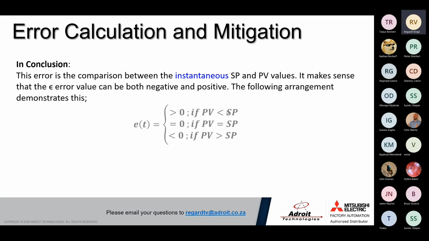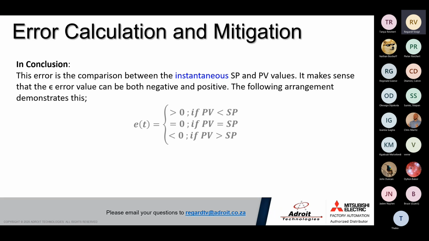Very important. These signs, greater than, equal, and smaller than, will swap around depending on your PID action, whether you have a reverse control action or a forward control action. An easy way to understand that is if you have, for instance, a tank level, and the tank level you control with, let's say, a valve or a VFD which controls a pump or motor.